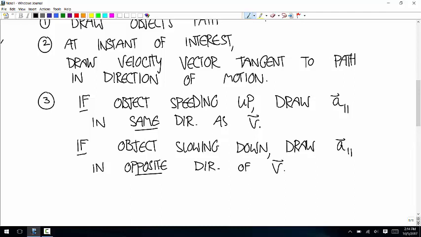Okay, so that's step 3. That's where we figure out the part of the acceleration that makes it speed up or slow down. Now in part 4, we're going to figure out the part of the acceleration that makes things turn.